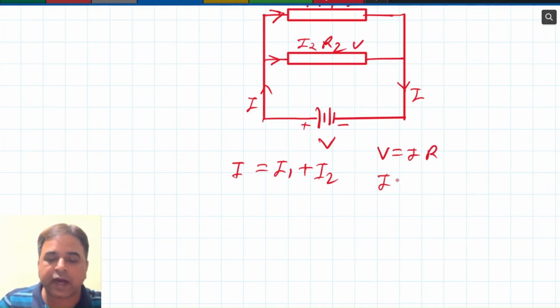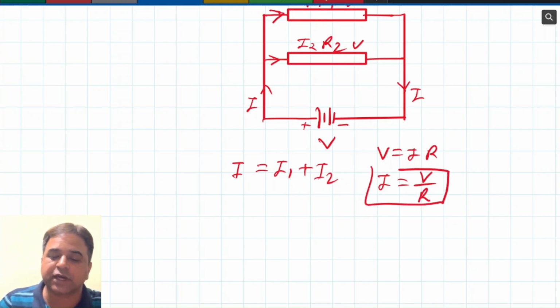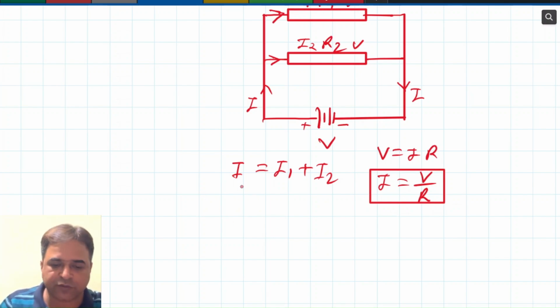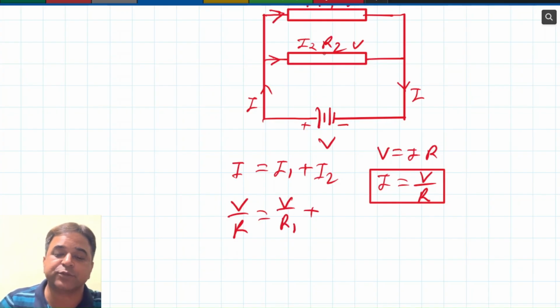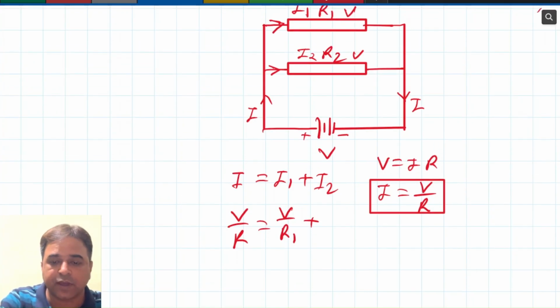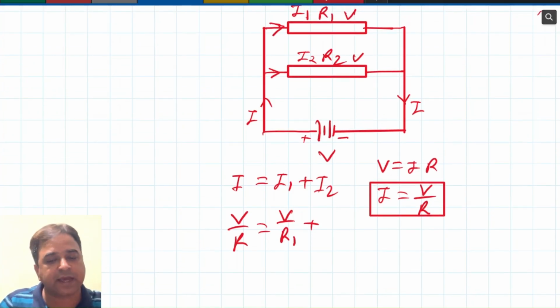So I is equal to V upon R. So this is how we can formulate this. Okay. Now we will substitute this value. So instead of I, I can put V upon R. For I1, we can put V by R1. Why? Because potential difference is same in R1 as well as R2. Same way here, V upon R2.